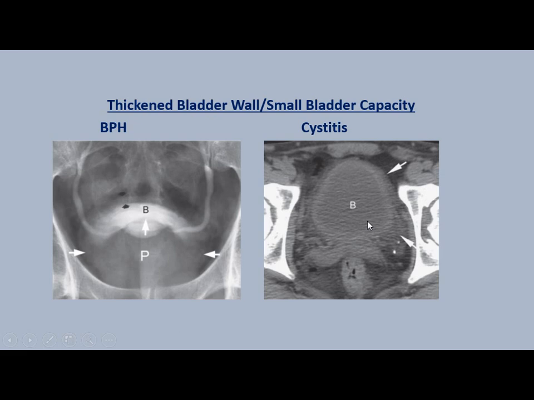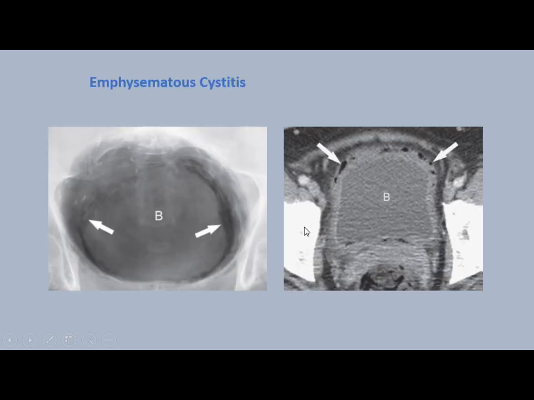Another cause of thickening bladder wall is cystitis, which also causes increased wall thickness associated with surrounding edema and stranding. Emphysematous cystitis is a form of cystitis in which there is gas formation in the wall of the urinary bladder, mostly caused by Escherichia coli.